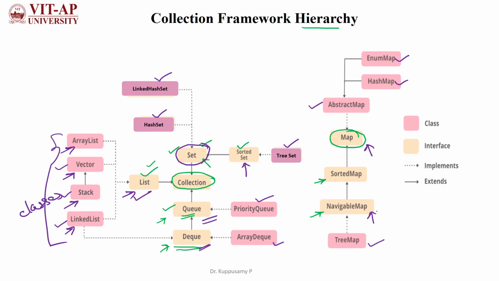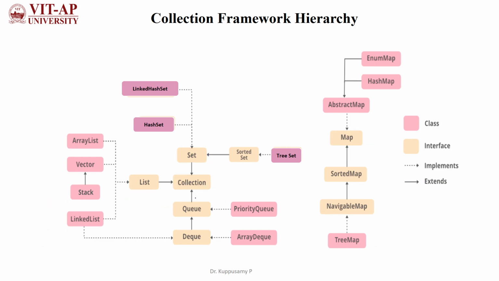Okay, so here these dotted lines indicate the implementation of the interface by these classes. This arrow indicates the extension of the interface. So here you see we have the queue interface, which is an extension of the collection. Like that, the deque interface is the extension of the queue interface, right?